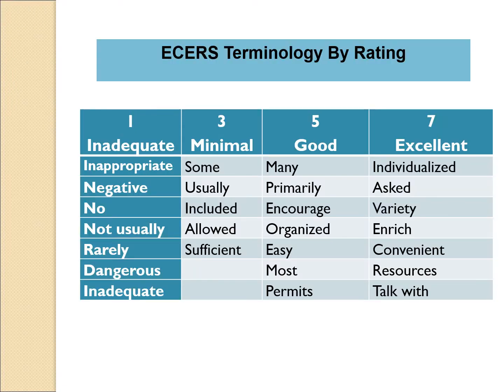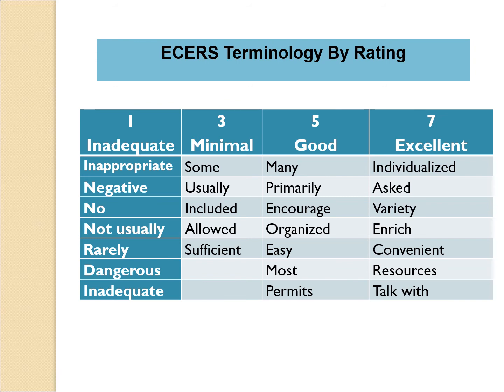Before we do that, though, we want to talk about some of the terminology in those columns we just mentioned, 1, 3, 5, and 7. So in the inadequate column, you're often going to see the items say inappropriate, negative, no, not usually, rarely, dangerous, or inadequate. In the 3 column, you're going to see terms like some, usually, included, allowed, sufficient.